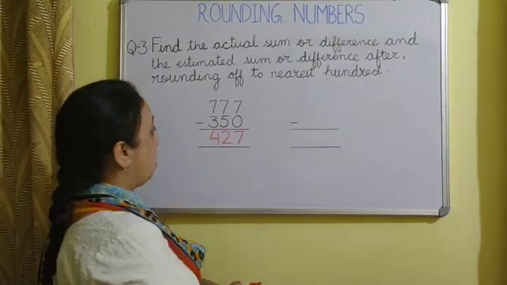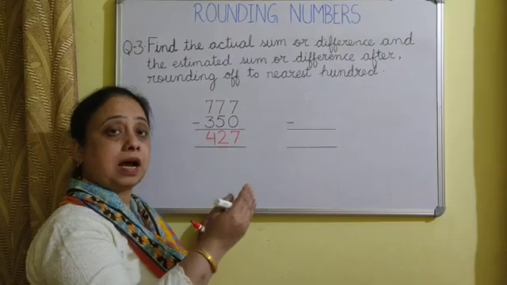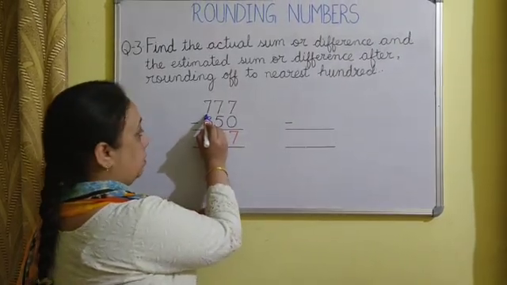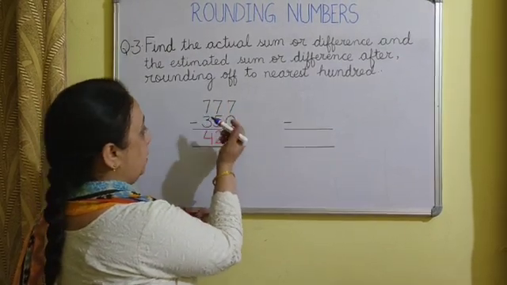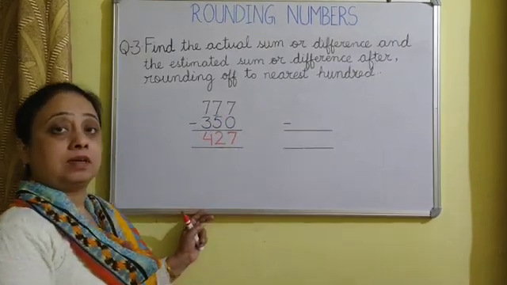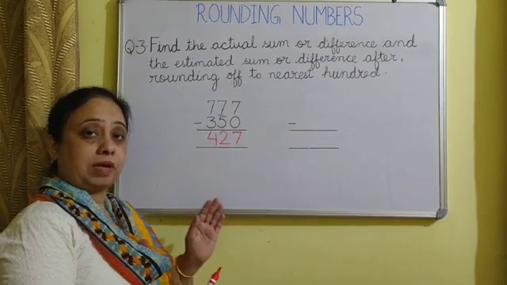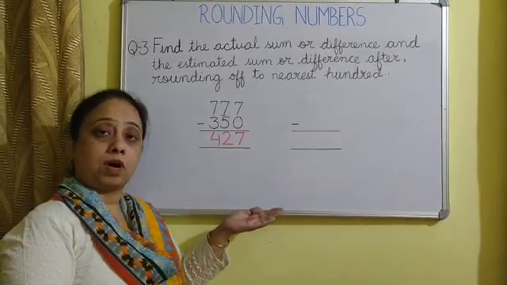Now we have to round off 777 to the nearest 100. So the hundreds number here which we have to round off is 7. And the number next door, that is to the right here, is the tens place, and we have 7 as our digit. So what will we do? Do you remember, if you have a digit more than 4, what will happen?